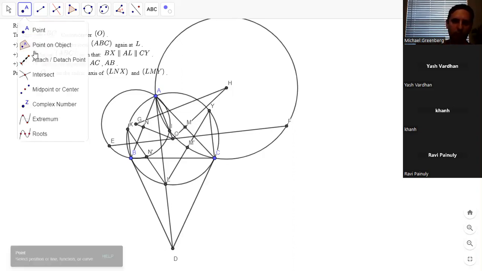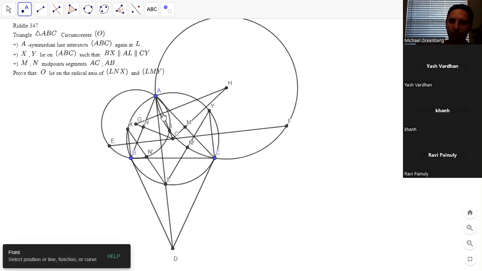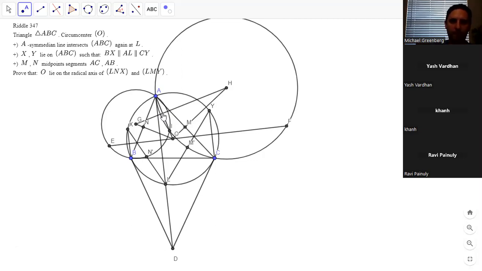Okay, so if those two intersected at R, GNAR is cyclic.